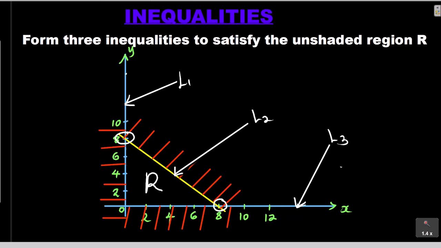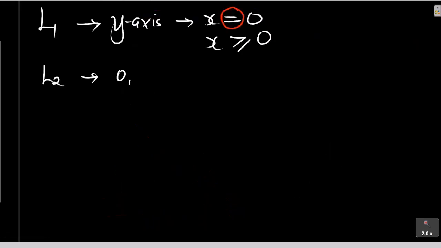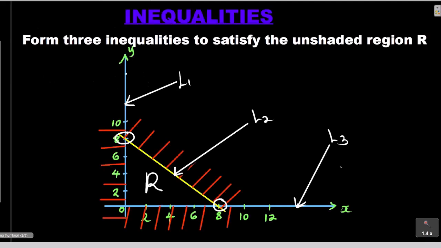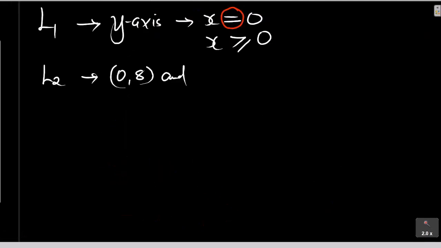So 2 points on that line. That is how we get the equation of any line. First get the 2 points. The first one is (0, 8), and the other point on that line is (8, 0).